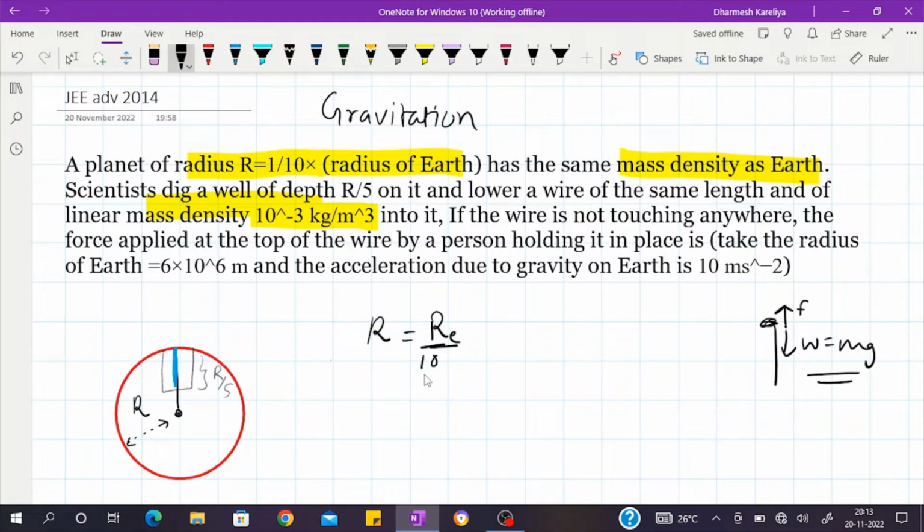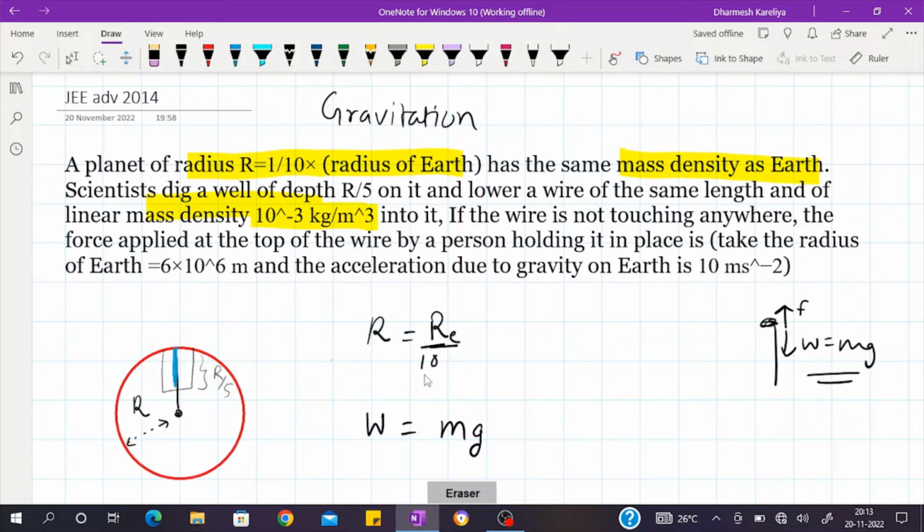But here it is not that straightforward, because the length of that wire is r by 5, 1/5 of the radius of that planet. So we cannot consider this wire as a point mass, and we cannot directly calculate the mass and put a value of mg. So here the value of g will be variable.